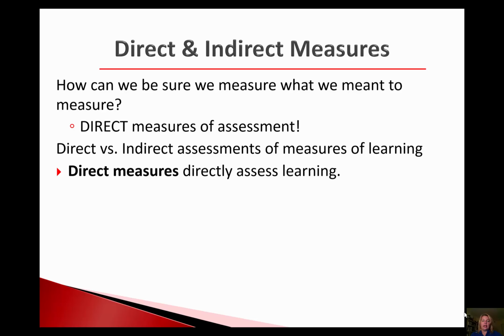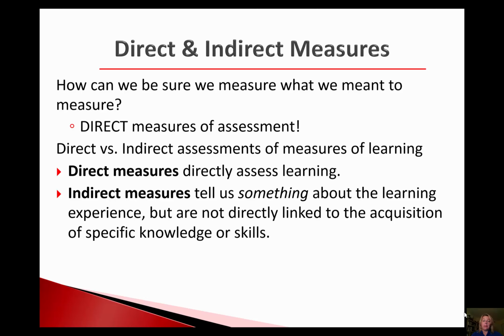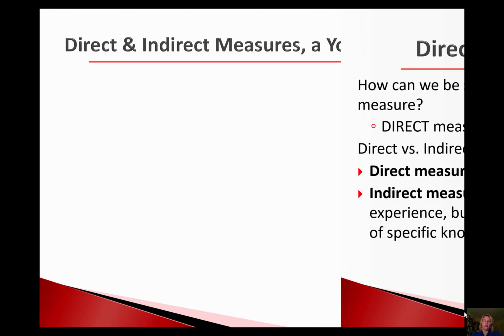You can look at the lesson plan, the learning that took place, and measure it, and you can see the direct link. Indirect measures tell us something about the learning experience, but are not directly linked to the acquisition of specific knowledge or skills. We'll talk about some examples in a few minutes and it will be more clear.